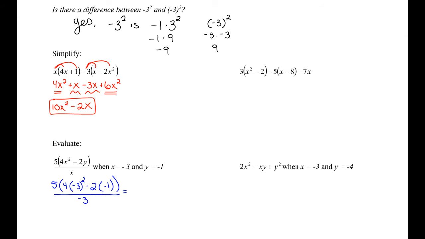Next, I'm going to simplify based on my orders of operations. This can become 5 times 4 times 9, as we saw above. Negative 3 squared is 9. And we have negative 2 times negative 1, which is going to turn into a positive 2.